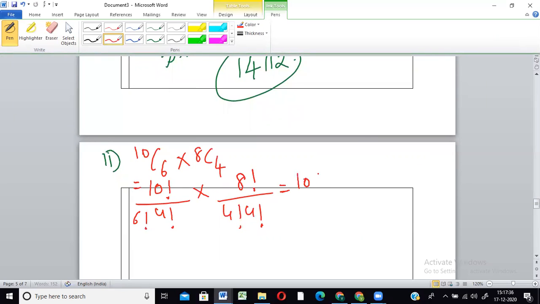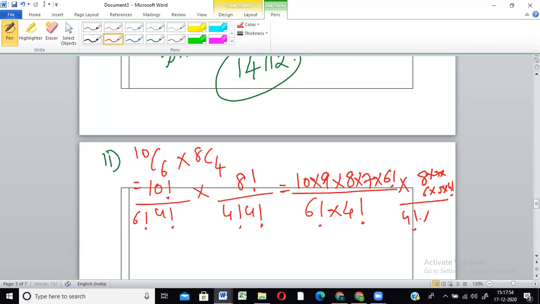This gives me 10, 9, 8, 7 into 6 factorial. 6 factorial is going to get cancelled. 6 factorial into 4 factorial into 8 into 7 into 6 into 5 into 4 factorial. Then 4 factorial is going to get cancelled. And whatever remains is 6, 6 also gets cancelled.